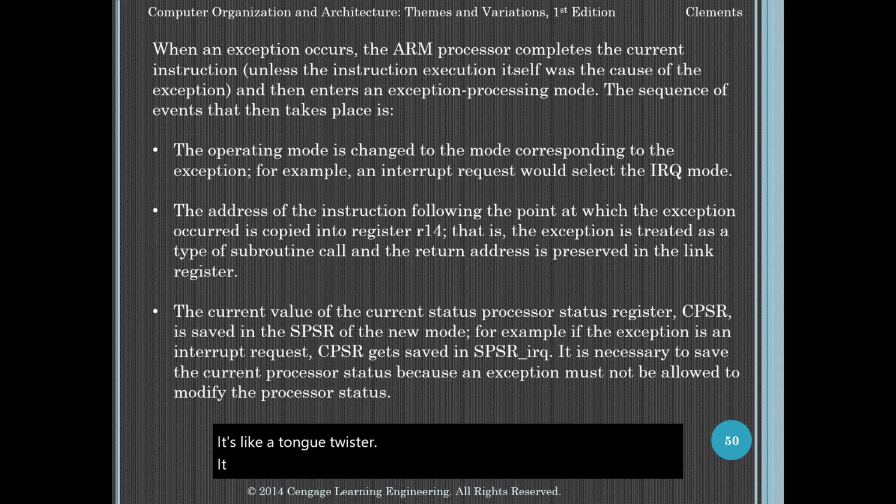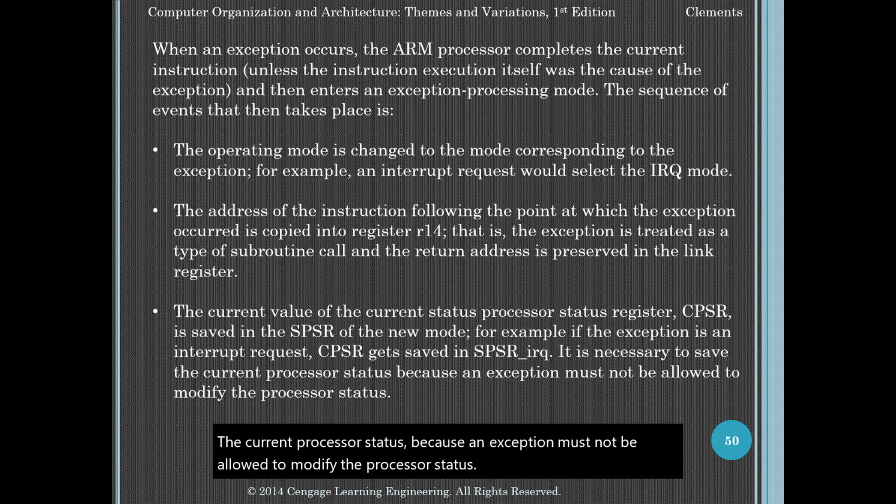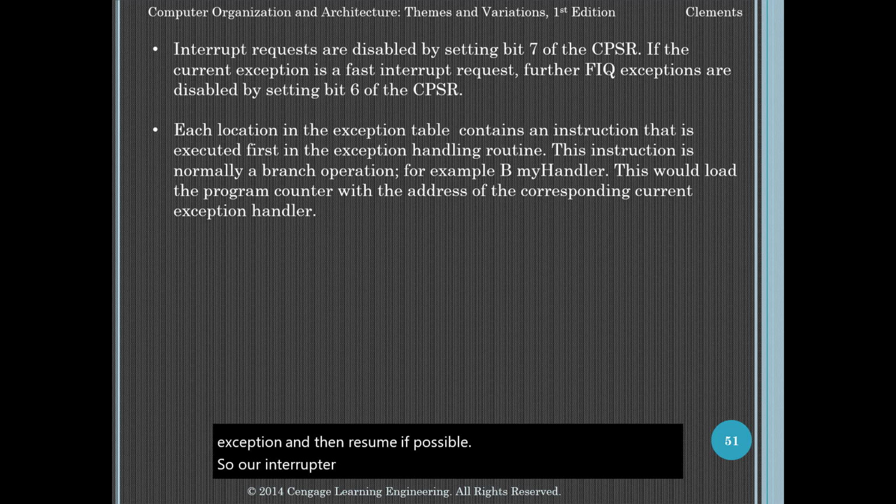It is necessary to save the current processor status because an exception must not be allowed to modify the processor status, right? We want to save the current status so that we can handle the exception and then resume if possible. So interrupt requests are then disabled by setting bit 7 of the CPSR.